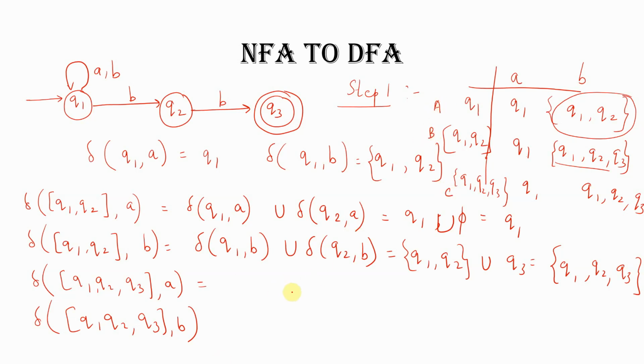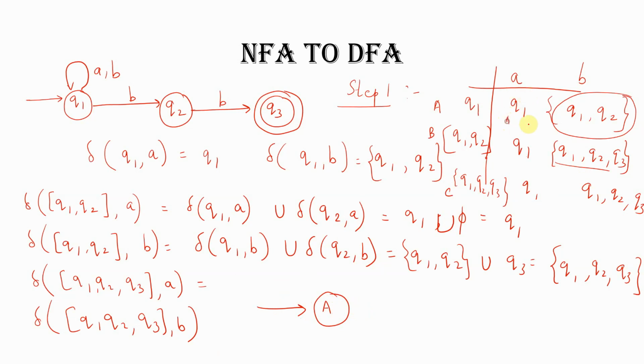If I represent this in the form of a DFA, since Q1 is the initial state, I write this state as A. This Q1 is represented as A, right?